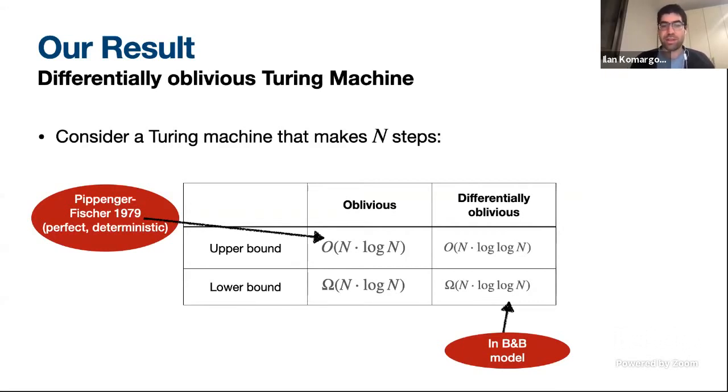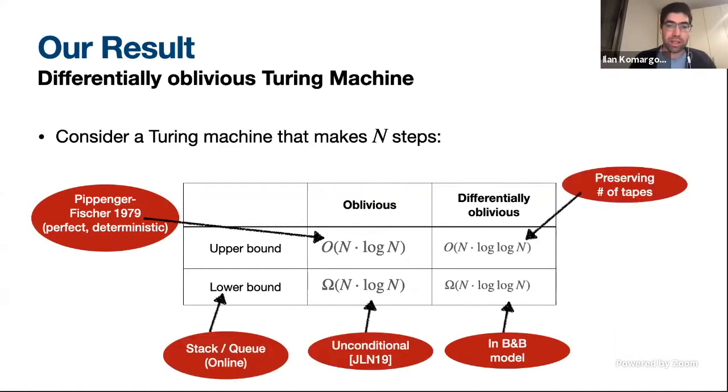Our lower bound is in a restricted model, which is called the balls-and-bins model, where the server cannot really look at the elements that you store, but can only see them as opaque balls. So it's a weak model for a lower bound, but it's still a lower bound. And we actually know that there is a lower bound for full obliviousness.